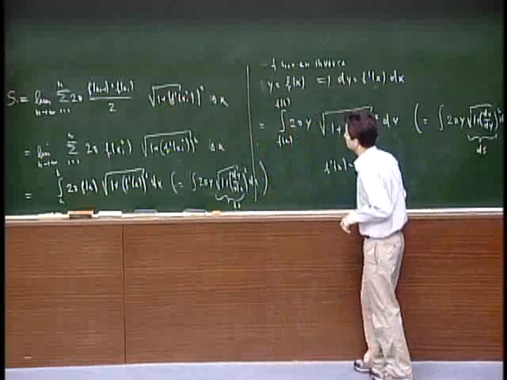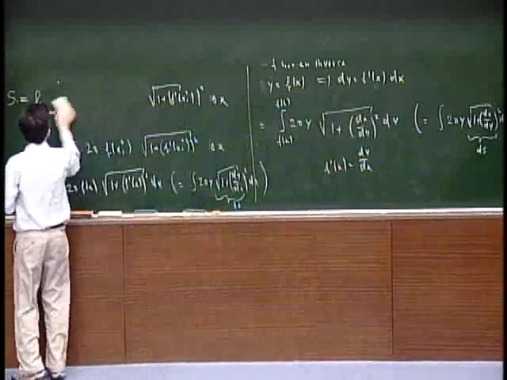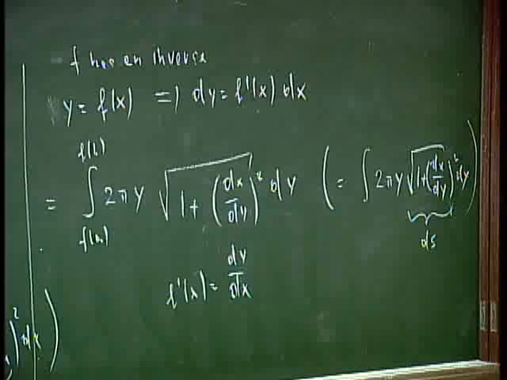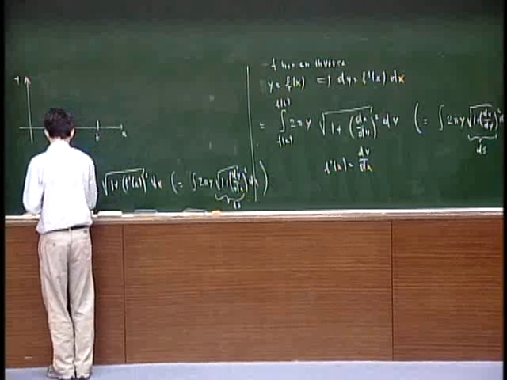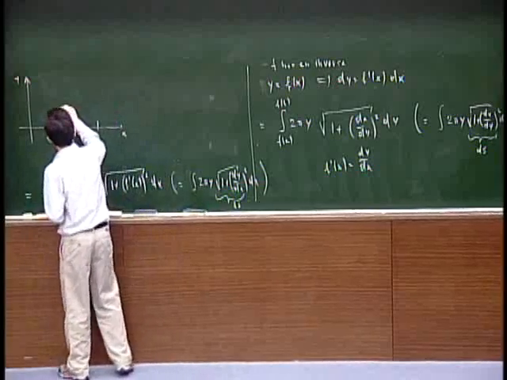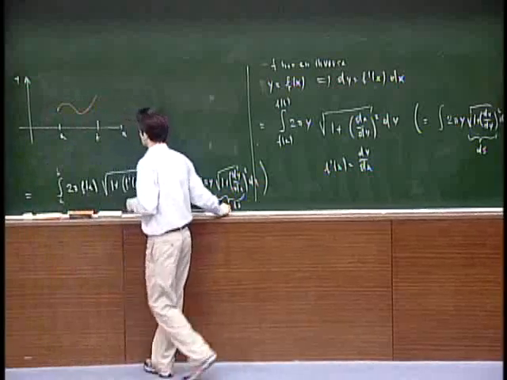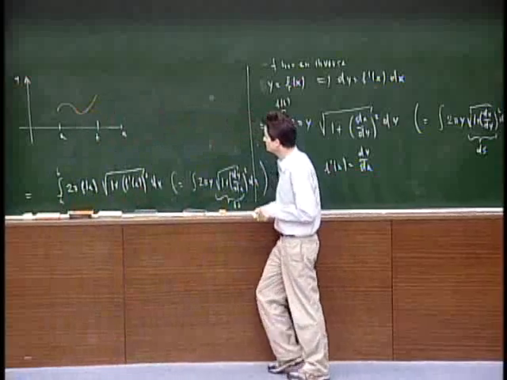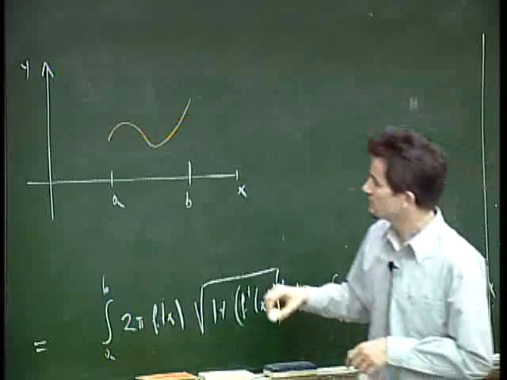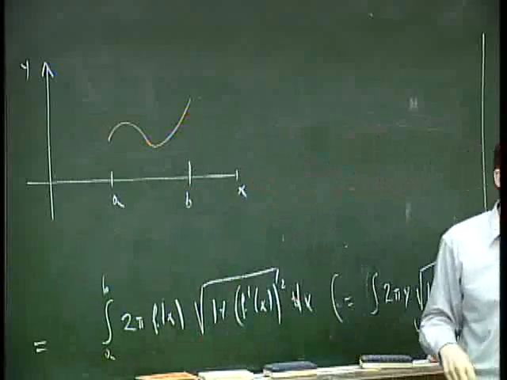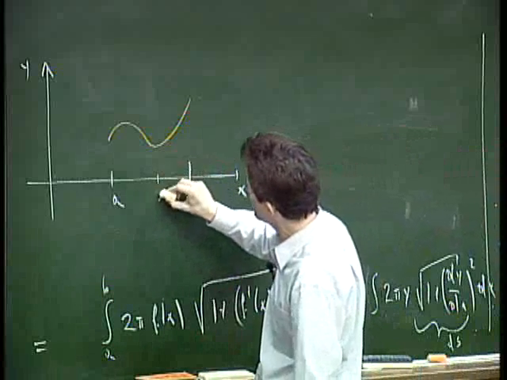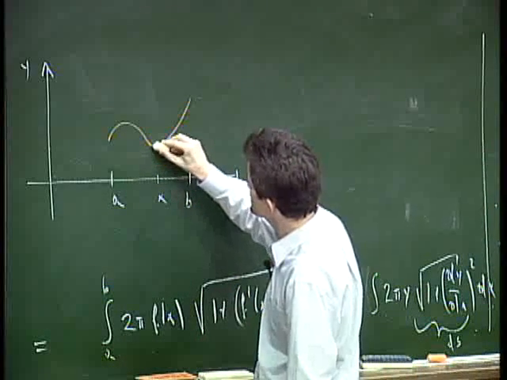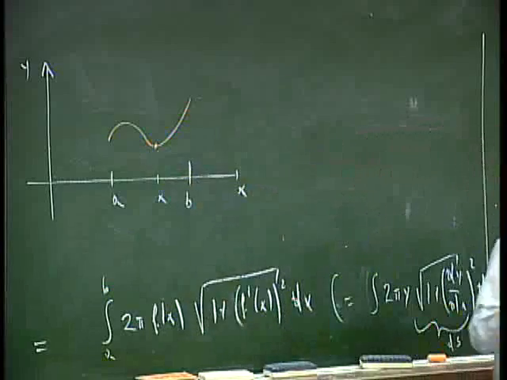If I once more plot a picture, if this is a here and this is b, and this is our function, then if you look at this formula, you integrate from a to b, and what you look at are circles. If you just look at this point here, this point gets rotated about the x-axis.